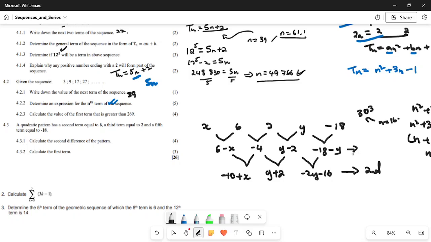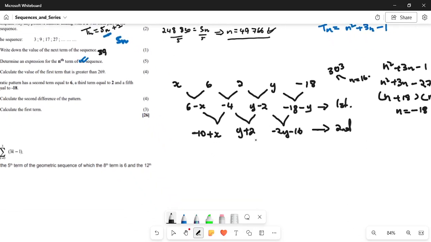However, it's most likely that they want me to present this with numbers rather than variables. So to solve for my second difference, we know that the second difference of a quadratic number pattern is constant. With that said, I'm expecting this value, minus 10 plus x, to be equal to y plus 2.